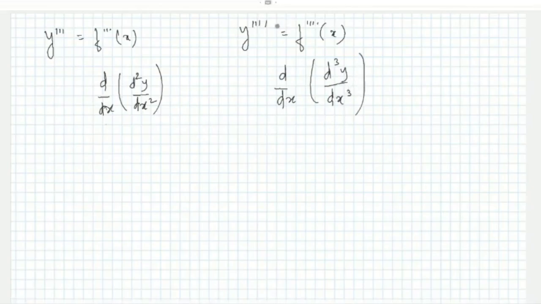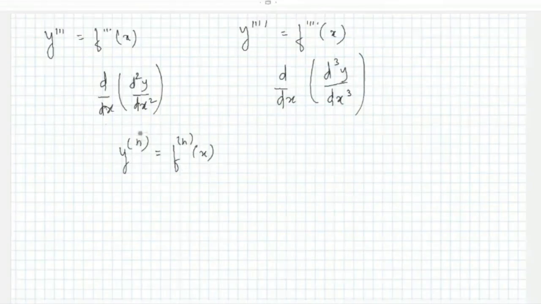To generalize, because obviously if suppose you have to take the sixth derivative of something, you will not just add primes or dashes, you can generalize and write it this way. y with superscript in brackets n represents the nth order derivative of the function f(x).